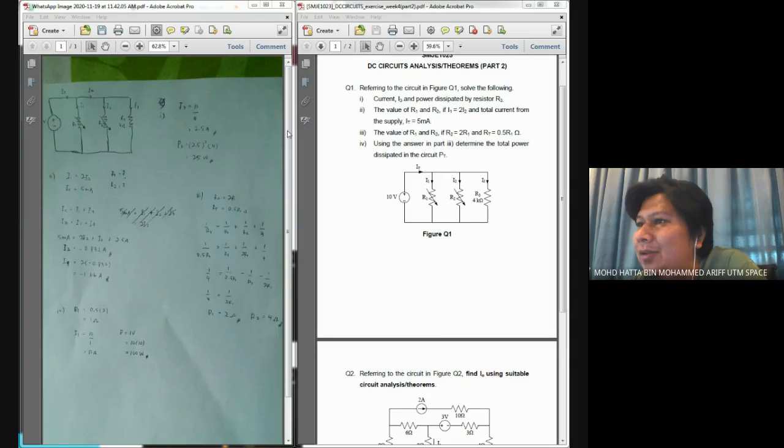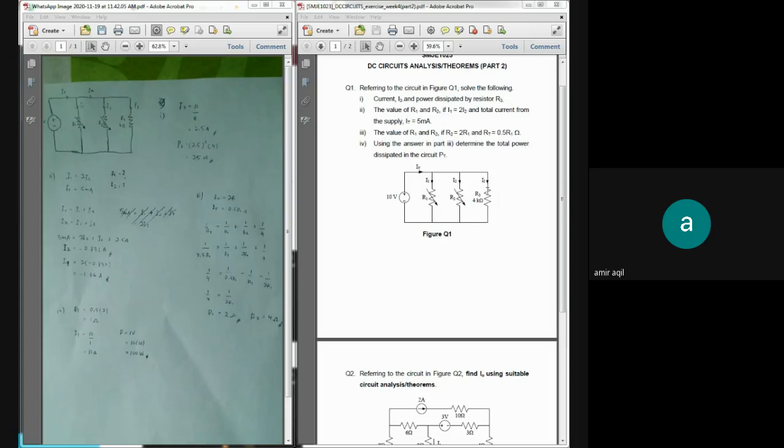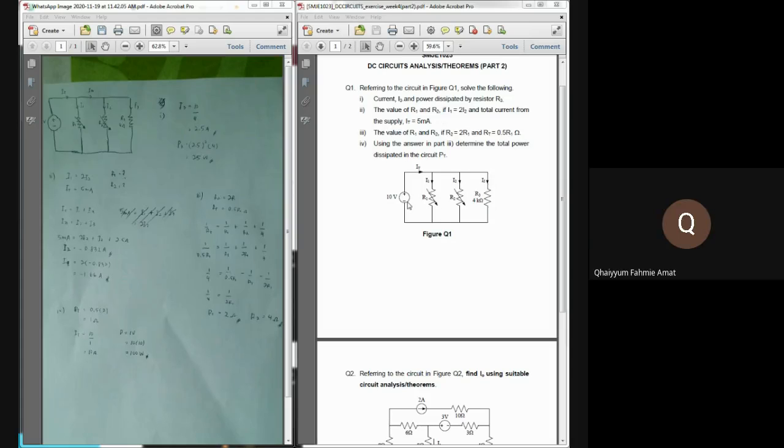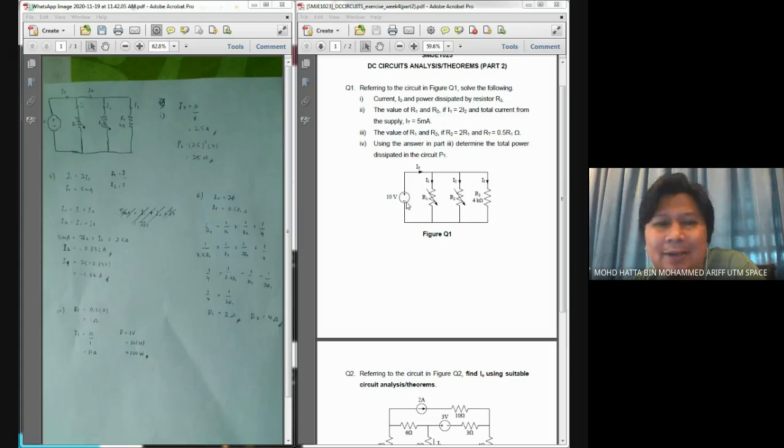However, the value of current, if you look at the value over here, it should be milliamp. Okay, 2.5 milliampere. Of course, first, if you look at the question, to find the current, what you need to do is you need to know that the voltage across R3 is the same value as the voltage supplied because of parallel connection. Yes, correct.